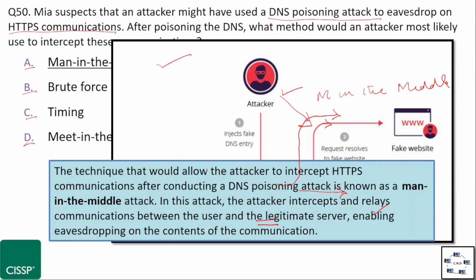So the technique that allows the attacker to intercept HTTPS communications after conducting a DNS poisoning attack is known as a man-in-the-middle attack. In this attack, the attacker intercepts and relays communication between the user and the legitimate server, enabling eavesdropping on the contents of the communication.